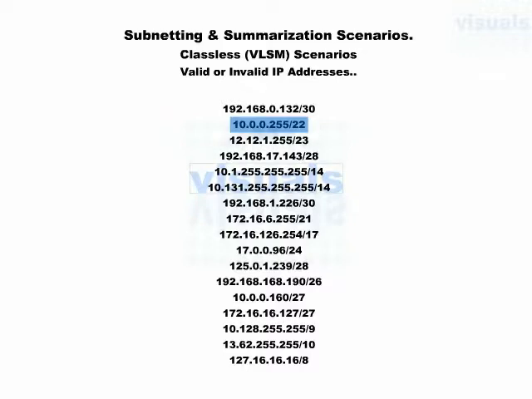So we have to determine what is the exact subnet mask for this network. Now 17 gives 128, 18 gives 192, 19 gives 224, 20 gives 240, 21 gives 248, and 22 gives 252.